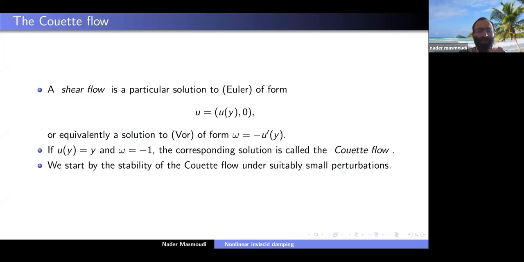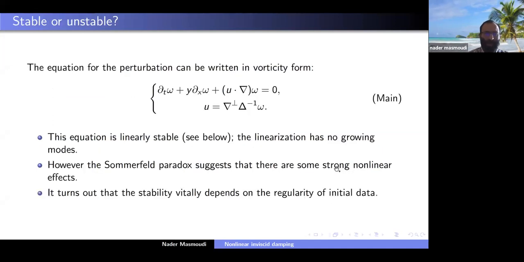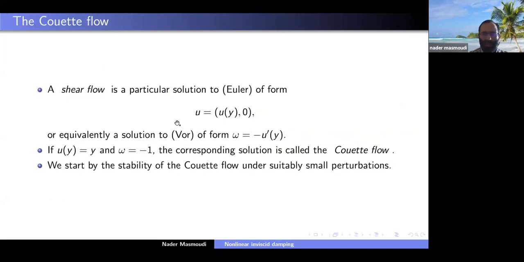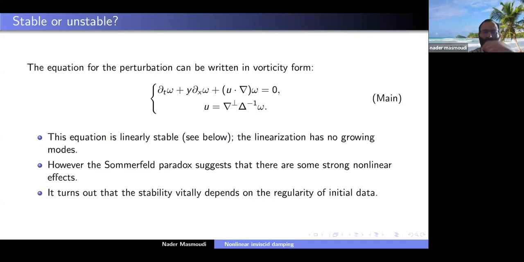Let me start with the stability, or the asymptotic stability, of Couette flow. If one perturbs the Couette flow, this is the new equation we get, where I'm writing the vorticity as equal to -1 plus omega.